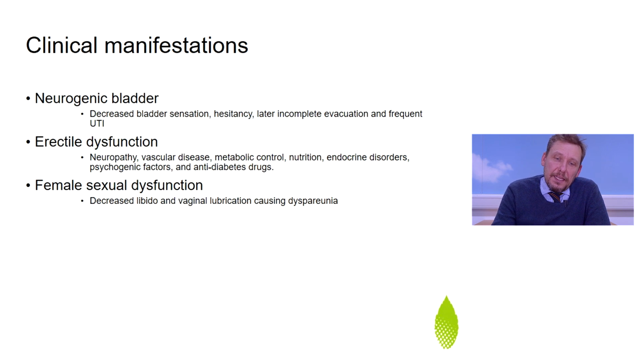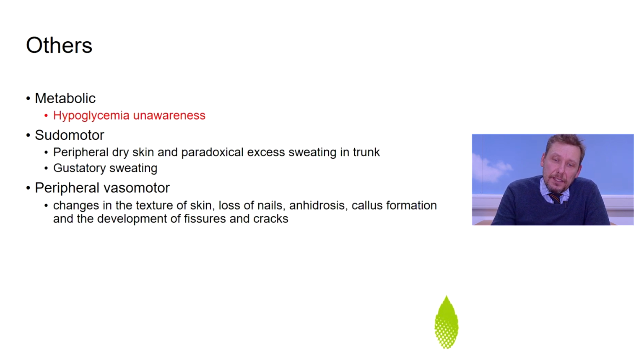Other clinical manifestations: neurogenic bladder, decreased bladder sensation, hesitancy, and potentially increased risk of urinary tract infections are associated with this disease. Erectile dysfunction, a very important and quite common problem in diabetes, but also not forgetting there is an element also of female sexual dysfunction associated with autonomic neuropathy.